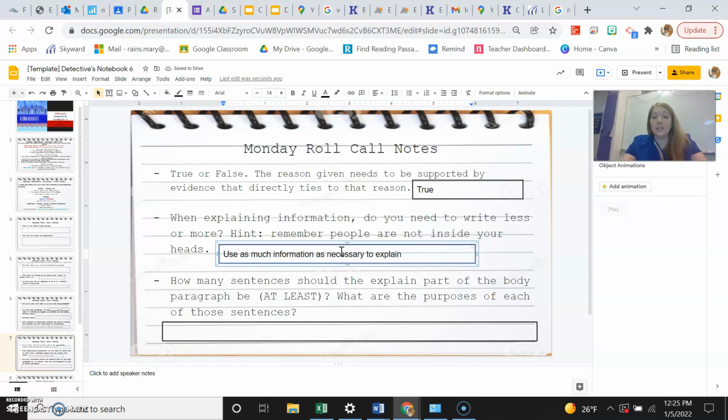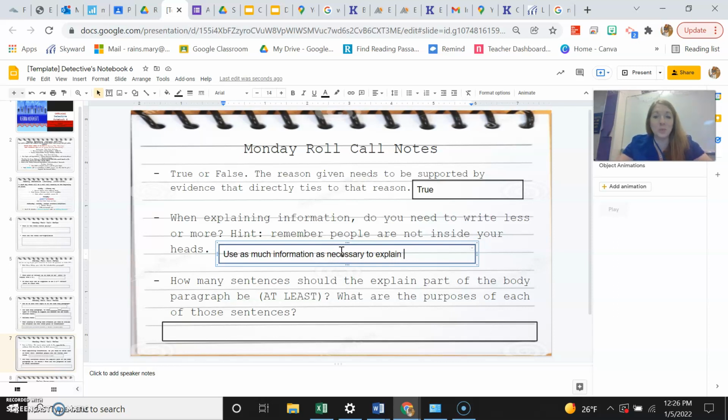What I mean by that is you want to put more, honestly, than less, because if you don't give them enough information, then they're going to be left with questions, and you're not going to be kind to them by doing that. So giving them more information is always preferable. However, you don't want to give them information they don't need to know.